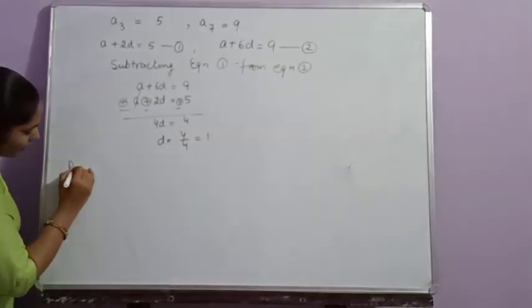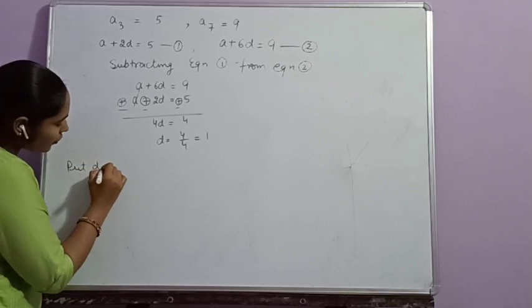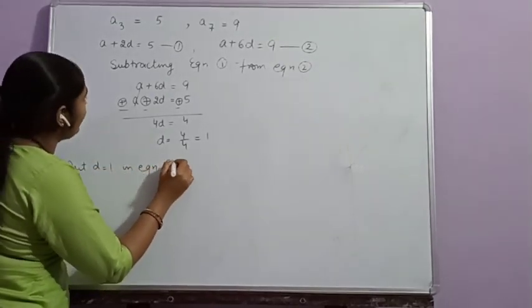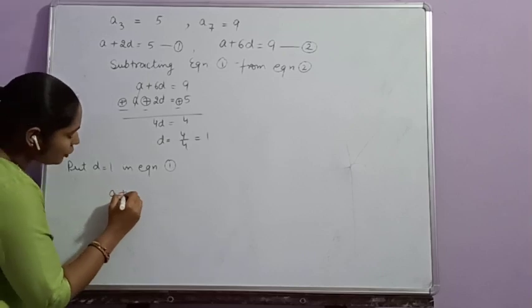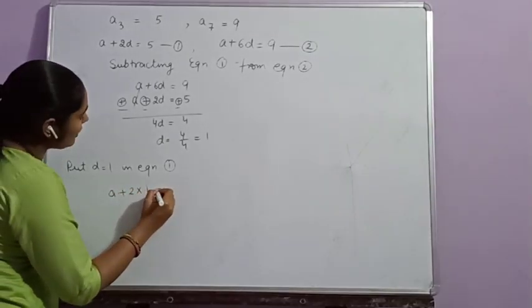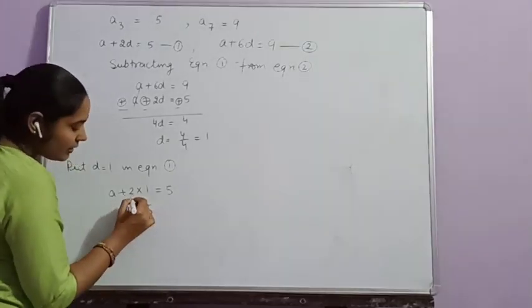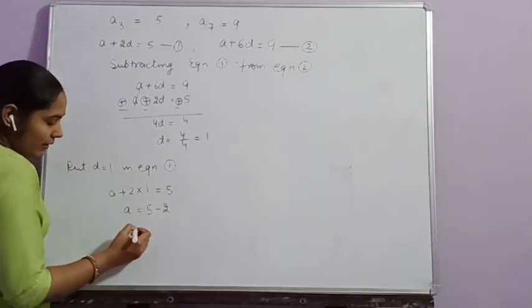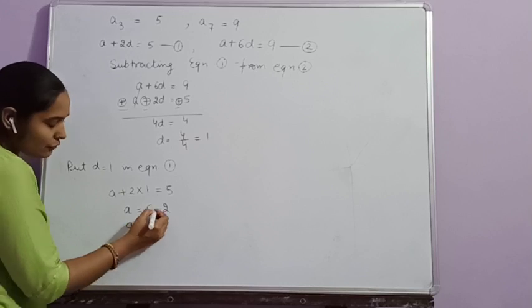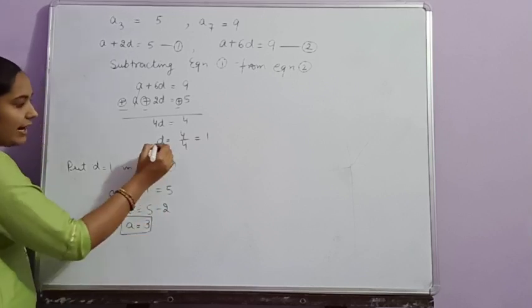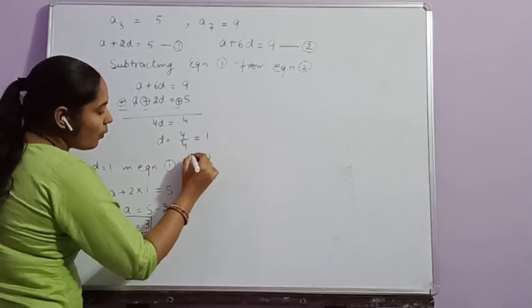Now put D equal to 1 in equation 1. A plus 2 into D, that is 1, is equal to 5. A is equal to 5, 2 will be negative. A is equal to 5 minus 2, that is equal to 3. And value of A is 3 and value of D is equal to 1.